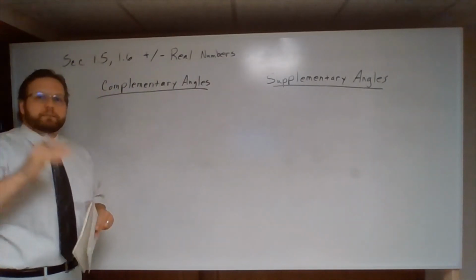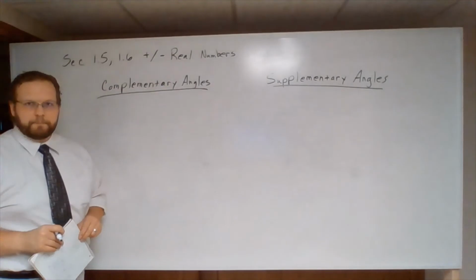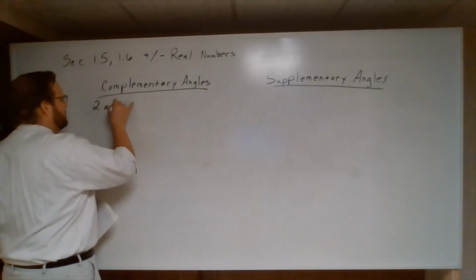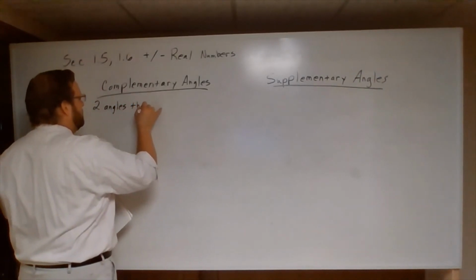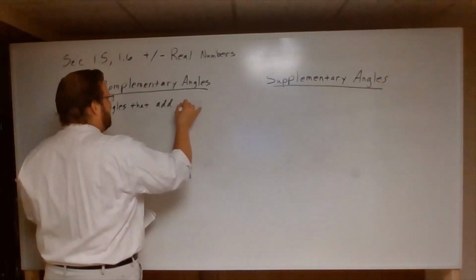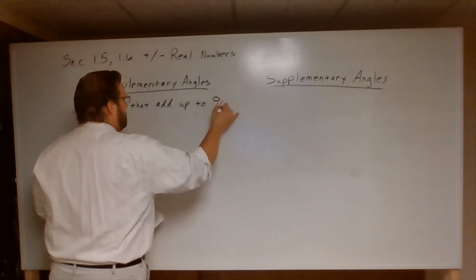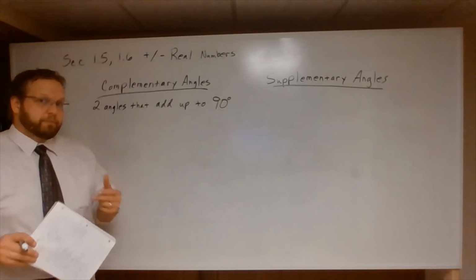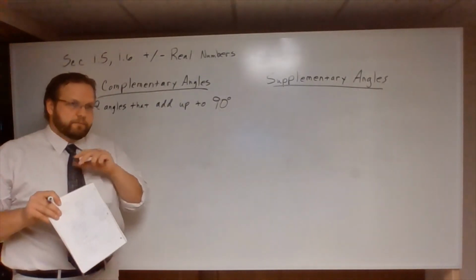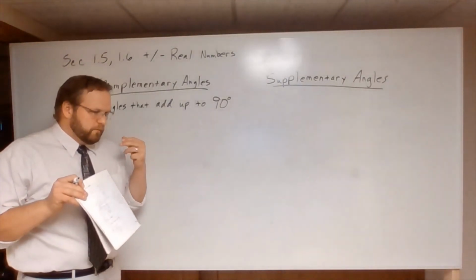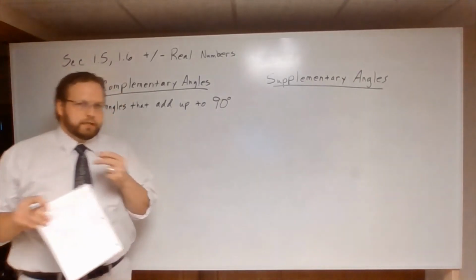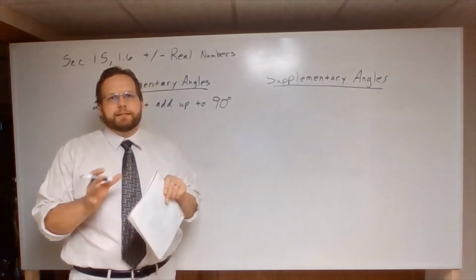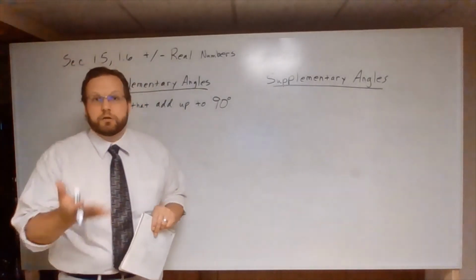First of all, what does it mean for two angles to be complementary? Complementary angles are two angles that add up to 90 degrees. Okay? If this was a geometry class, then we would be very careful with detail of wording and detail of application and the markings on the pictures, because when you see something that looks like 90 degrees, what does that look like?